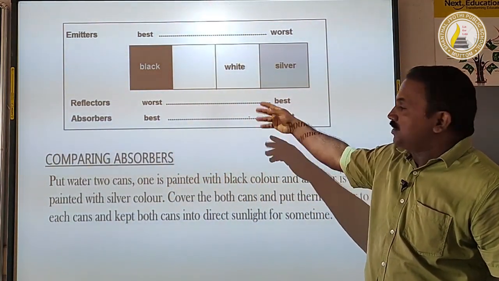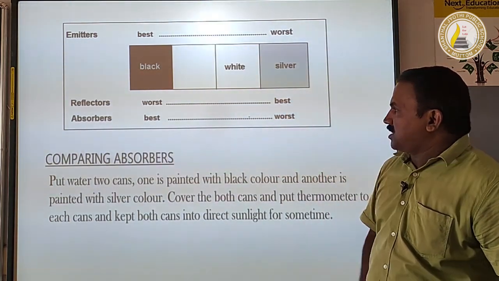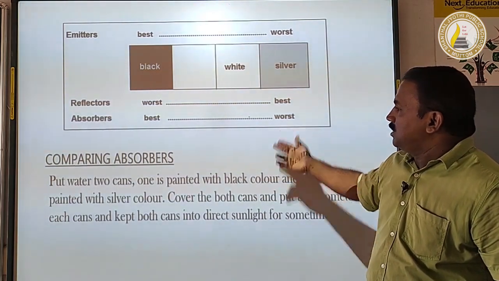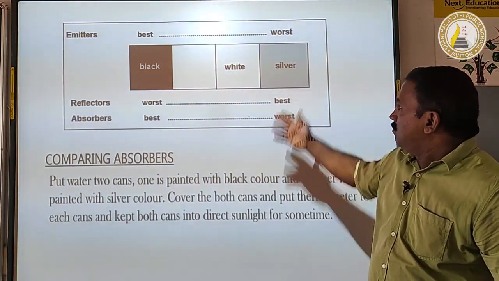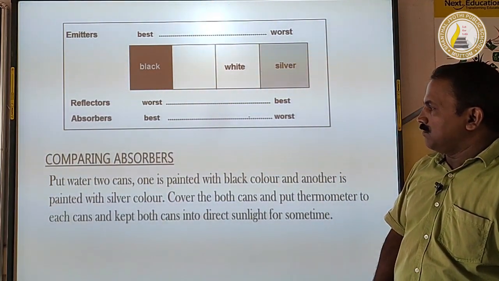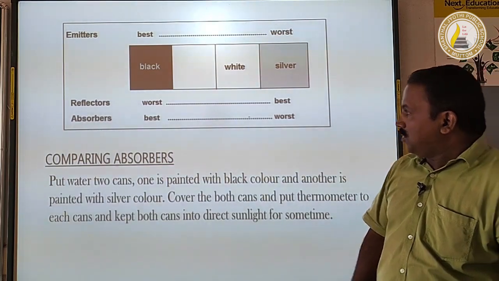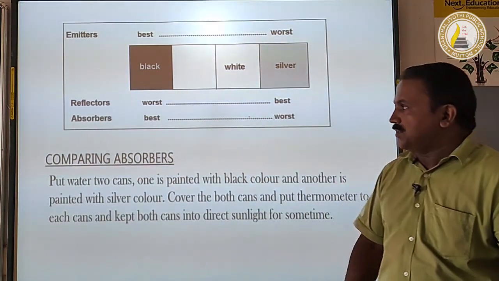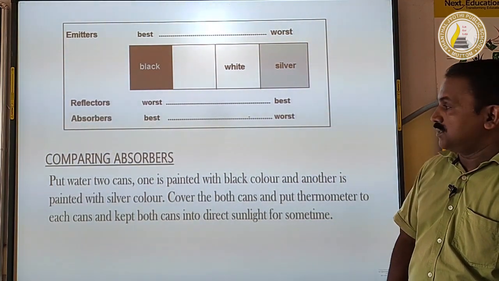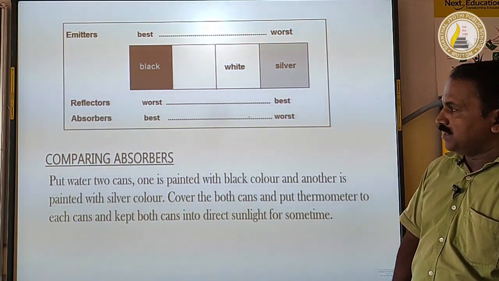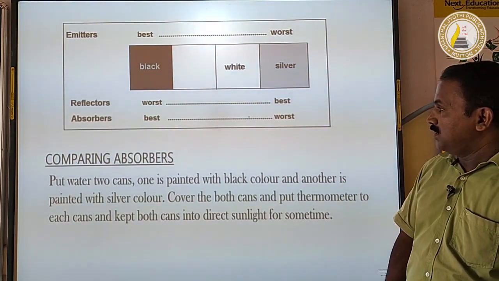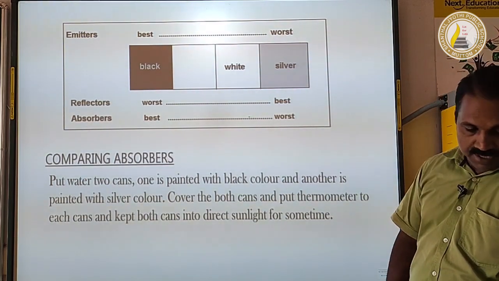White and silver together are the best reflectors. So, from this chart we can say which one is the best reflector and which one is the best absorber. The best reflectors are white and silver, and the best absorber is black.